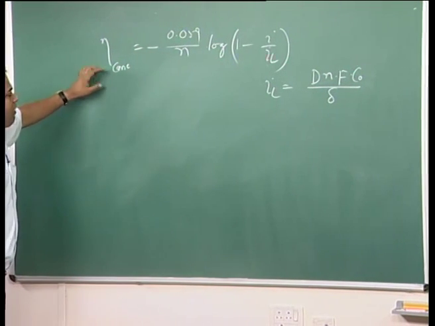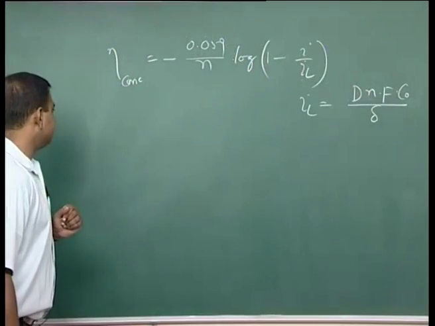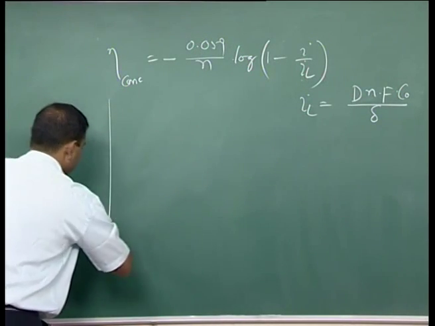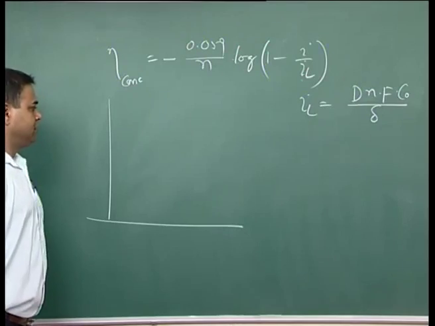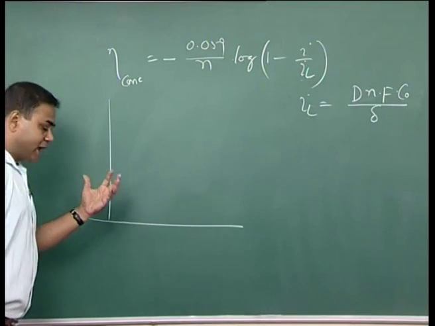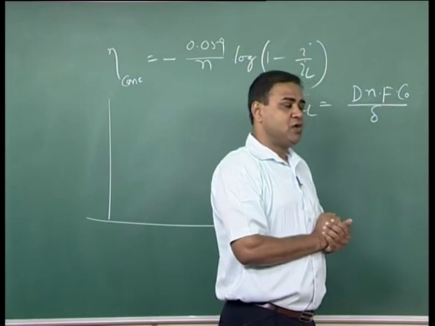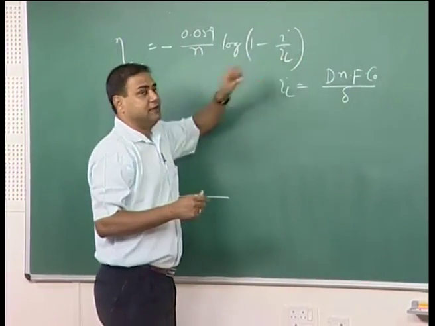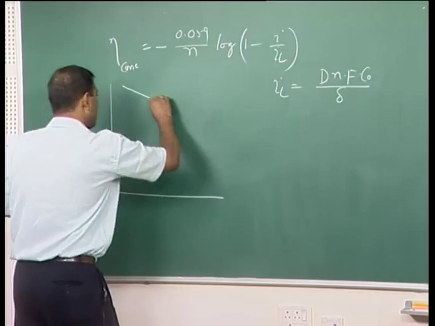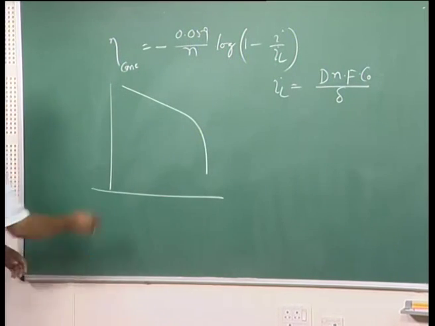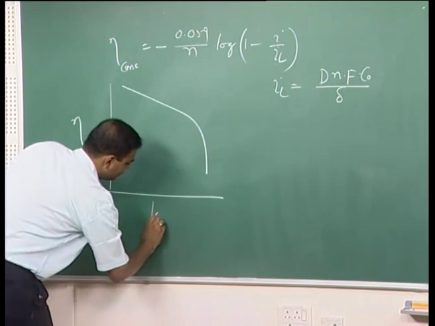Now, for that case, what happens? Let us say we have any hydrogen reaction which has reached the level of that current density where I will experience IL. In that case my plot would look like this, and this is theta, this is log.